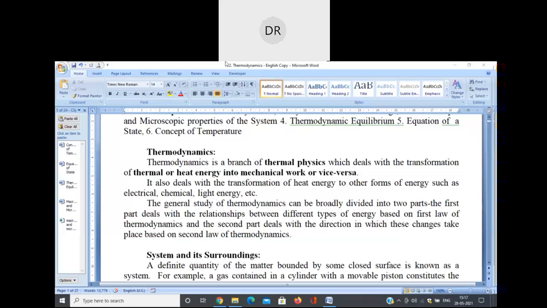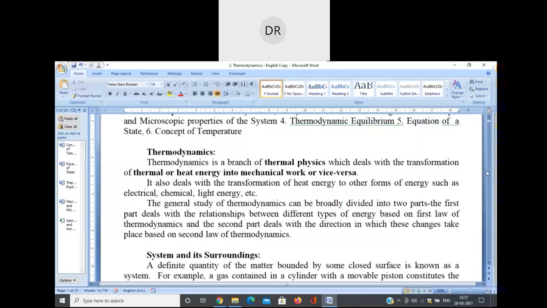So from these points, based on the definition of thermodynamics, we observe three very important points. Thermodynamics is based on heat, so what is heat? We know generally what heat is.